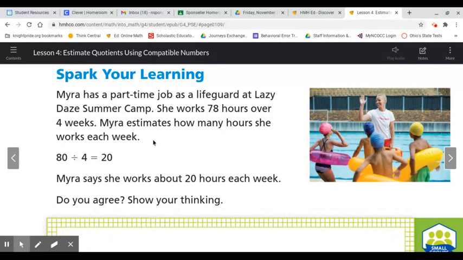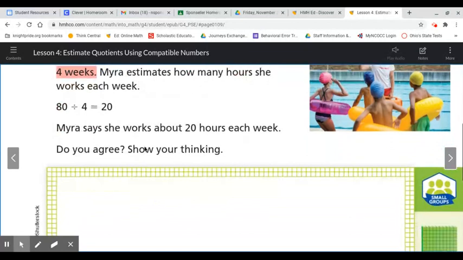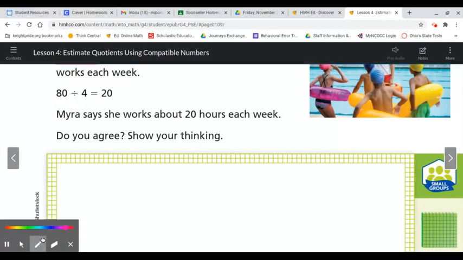Okay. I'm going to highlight the information that we need. We know that she works 78 hours over a time period of 4 weeks. Okay. So in order to know how many hours she works per week, we would be solving 78 divided by 4.